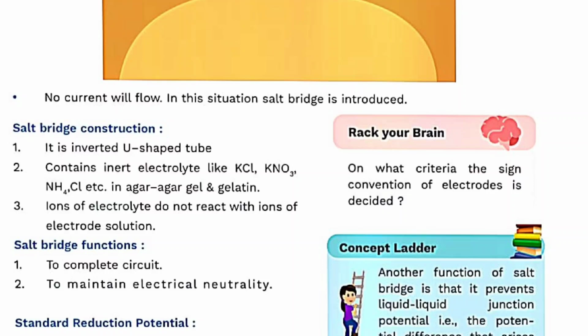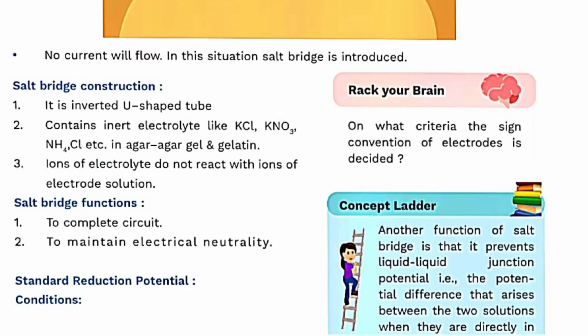Its functions are to complete the circuit, allowing ions to flow between half cells, and to maintain neutrality, preventing charge buildup by balancing ion concentrations on both sides, because we already talked about the two half cells. So a salt bridge helps ions move between two solutions, keeping the electrochemical cell working smoothly.